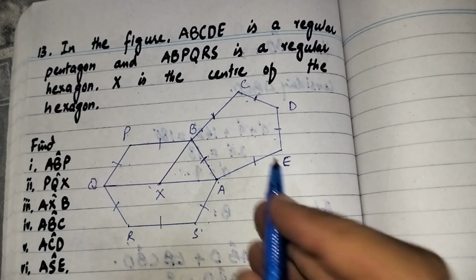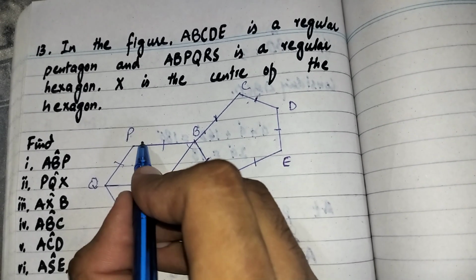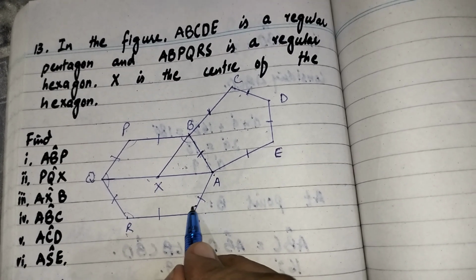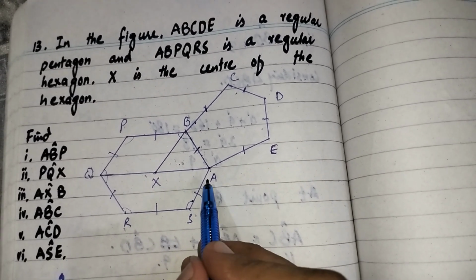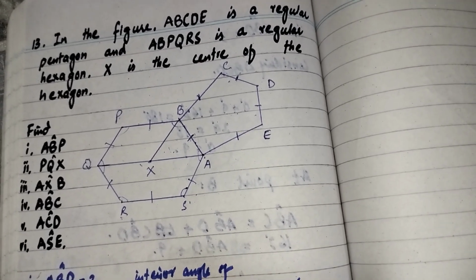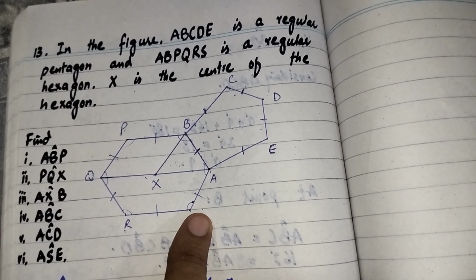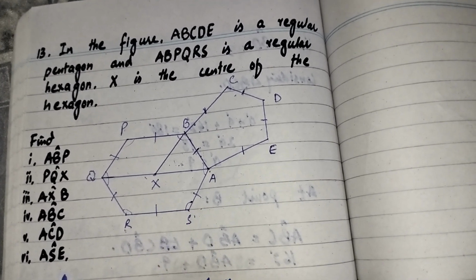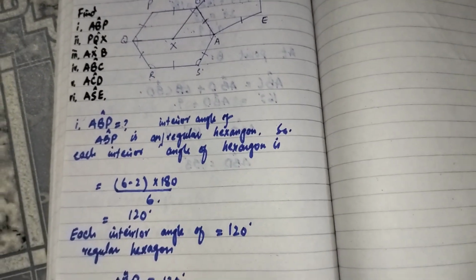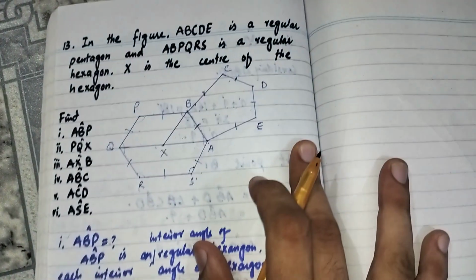So it means that in the figure, this is 120 degree, this is also 120 degree, this complete is also 120 degree, this complete is also 120 degree, and this complete is also 120 degree. All the angles 1 2 3 4 5 6 all are 120 degree. So ABP is equal to 120 degree. In the second part we have to find PQX.